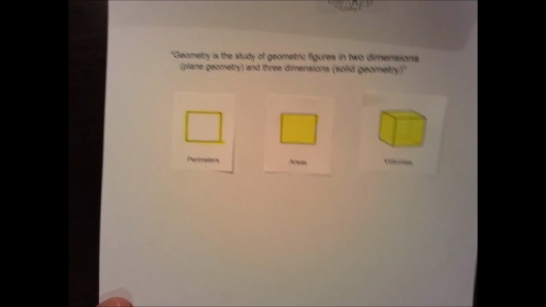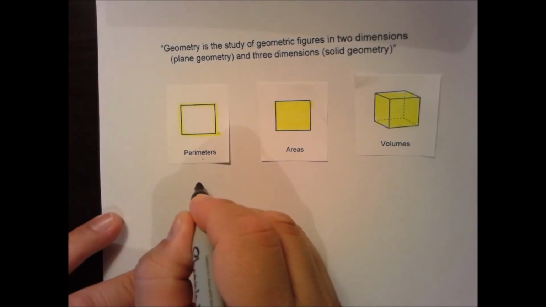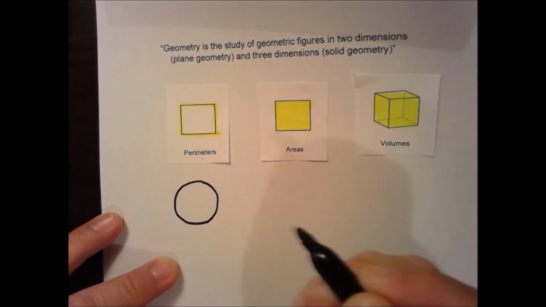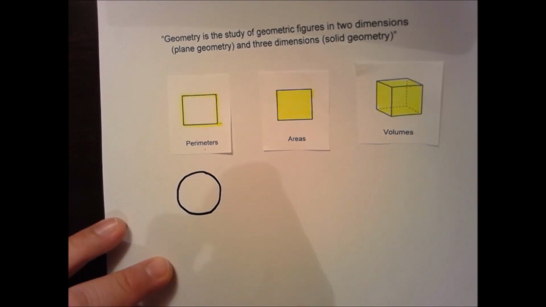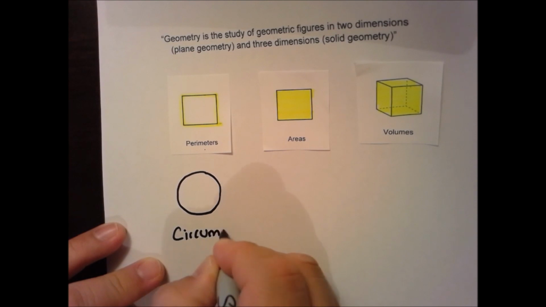For example, if you have this geometric shape and you talk about the perimeter, what is the name of it? The name is going to be the circumference.